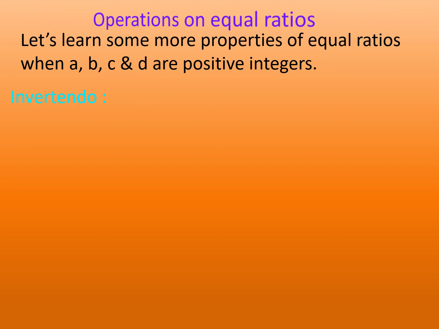In this property, you have to invert both fractions. For example, if a upon b equals c upon d, then you can write b upon a equals d upon c. See here, the numerator became the denominator and the denominator became the numerator. Same way on the right side.